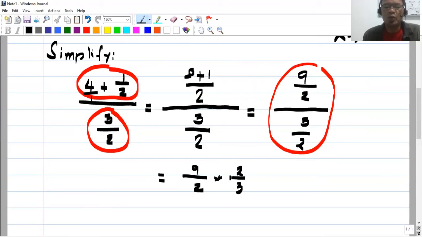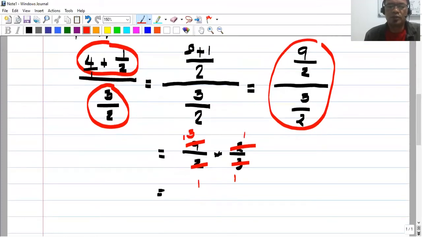But in this case, we have to be very observant of our numbers. Since 2 is divisible by itself, and 9 can also be divided by 3, we get 1, 1, and 3. So we multiply 3 by 1 is 3, and 1 by 1 is 1. Therefore, the final answer is 3.